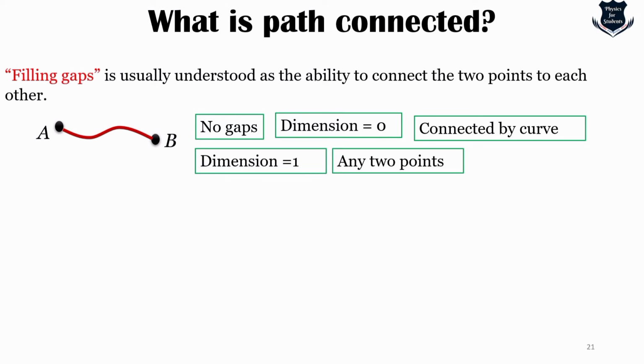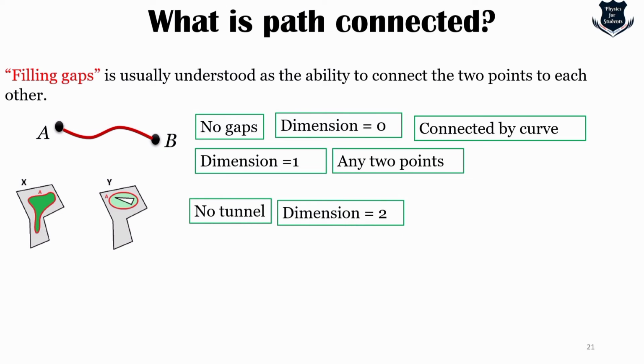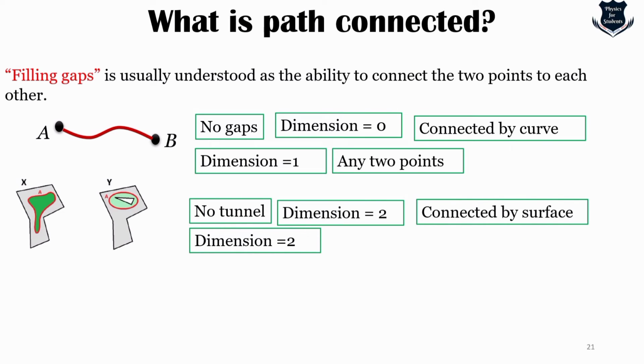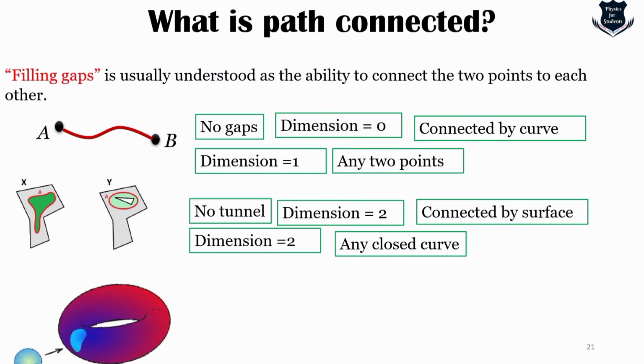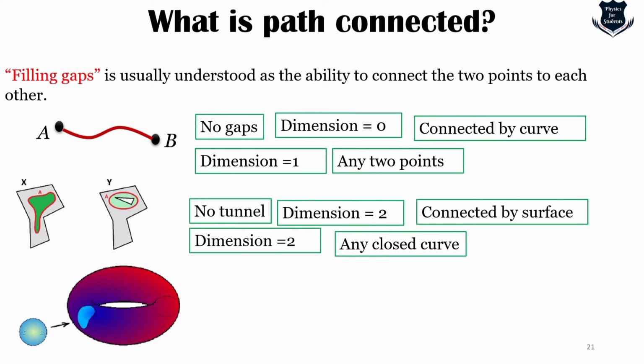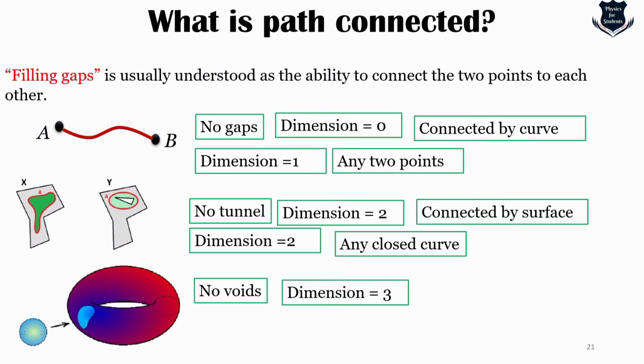The curve is of dimension 1. Similarly, if we get a figure like this, which has no tunnels, that means we are filling up. So there is no tunnel, dimension equals 2. It is connected obviously by a surface, and the surface dimension is 2, and it can be connected by any closed curve. If you get a figure like this, then it has no voids. The solid's dimension is obviously 3.